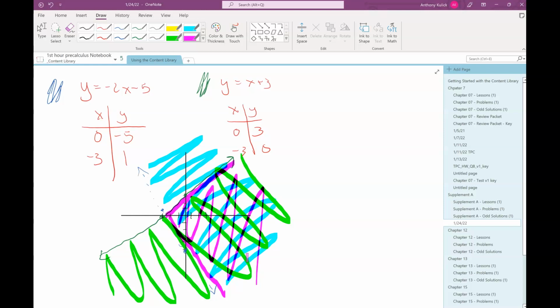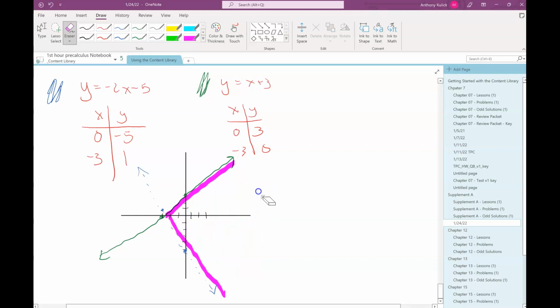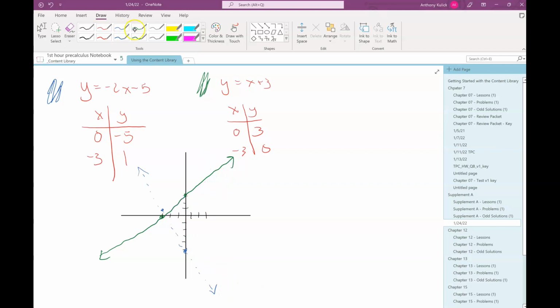So when you're drawing your picture, if you wanted to only draw this piece, that's the overlap, that's good. That would be preferred. If you want to draw both sections, try to do it in a way that it's easy for me as the reader to tell.